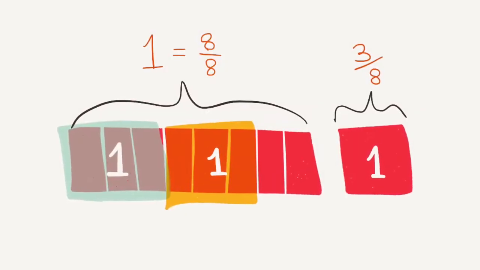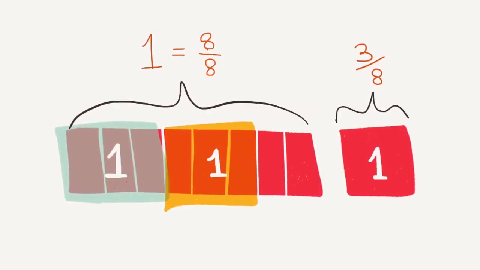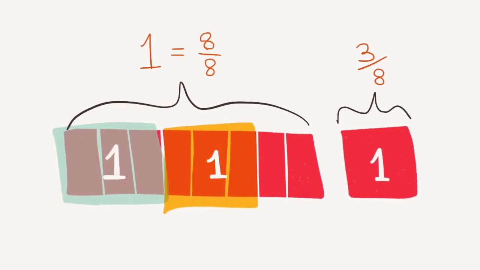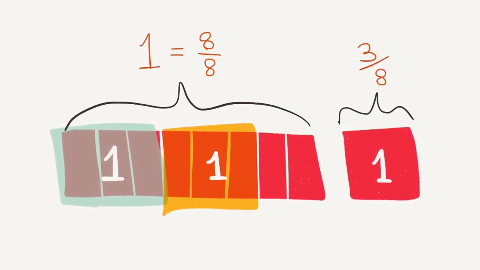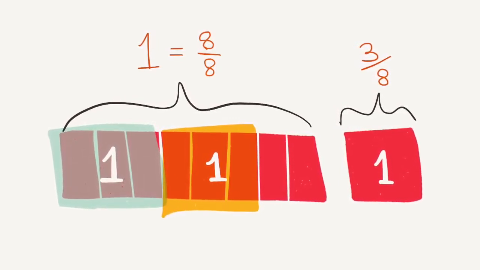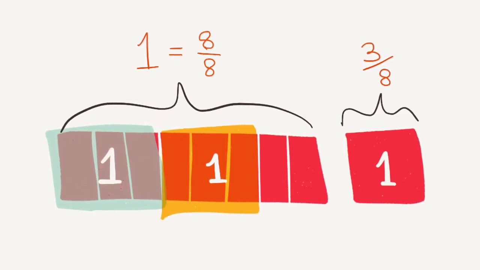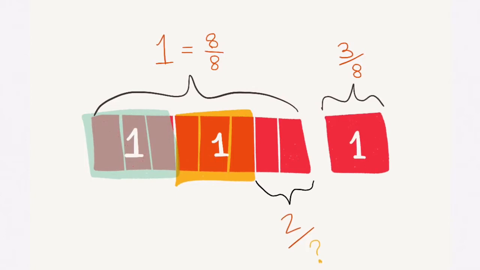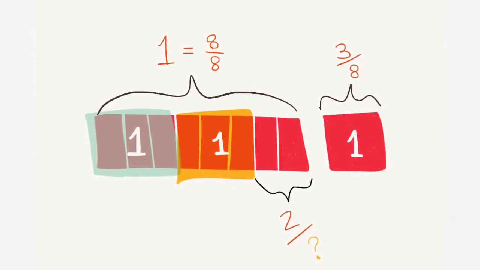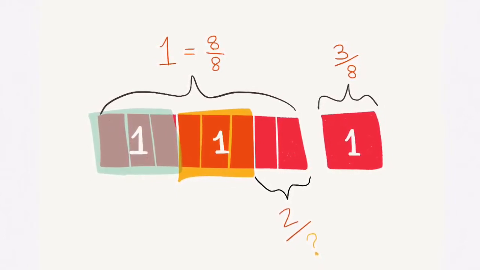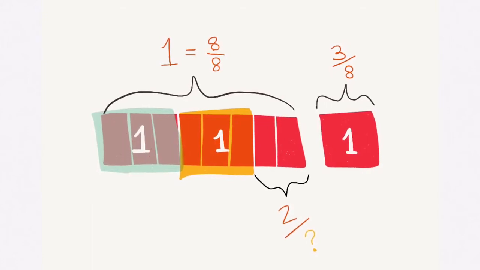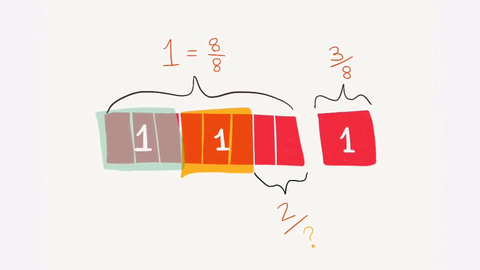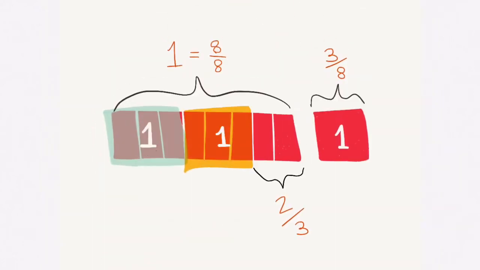Think of it like this. We are looking for 3/8. Every time we take away a group of 3/8, that is 1 group. So there's 1 whole group, another whole group. This does not equal a whole group of 3/8. It's only part. How many? There are 2 parts. And we would need 1 more, wouldn't we, to make a whole group of 3/8? And so this would be 2 parts out of, how many make a whole? 3.